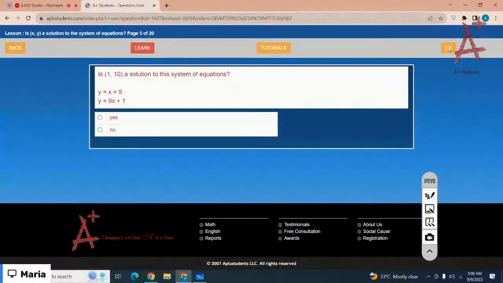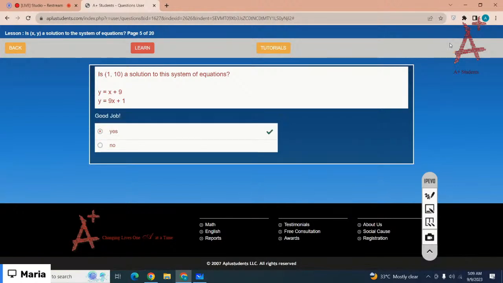Is (1, 10) a solution of the system of equations? Yes, it is. (1, 10) is the solution of the system of linear equations.